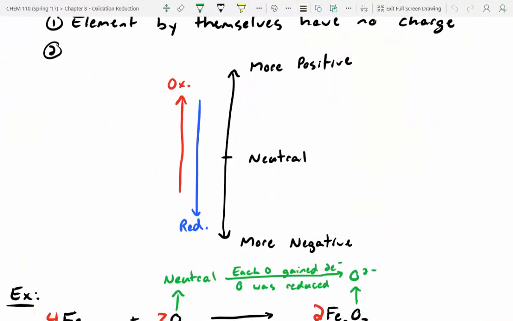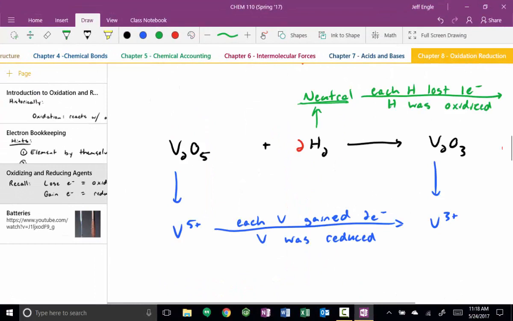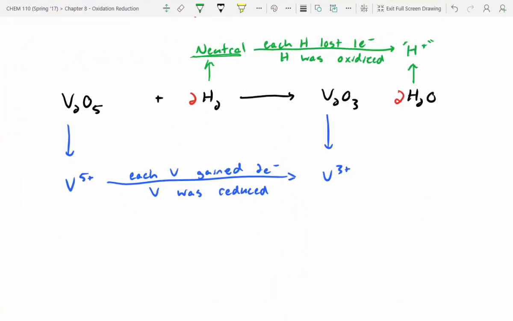So we said hydrogen in this case was neutral at first, and then it became more positive. It was H+. So because we're going in the upward direction, it's oxidized, right? So anytime you lose electrons, you're losing a negative charge. That means what's left over must be more positive. It's a little weird to think about it that way.